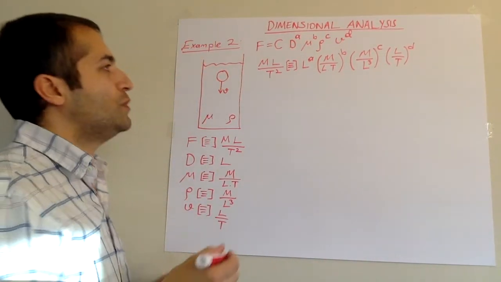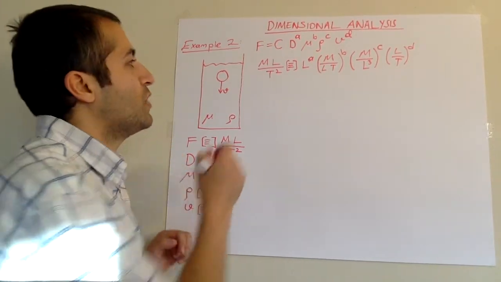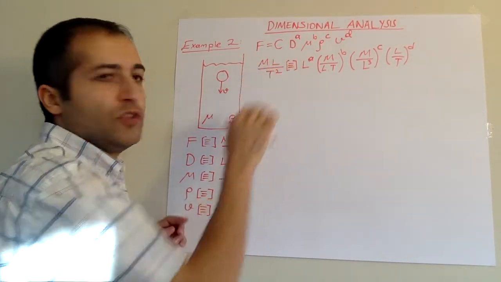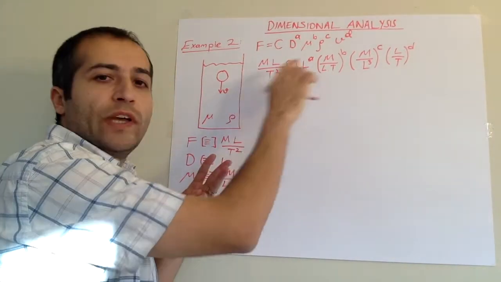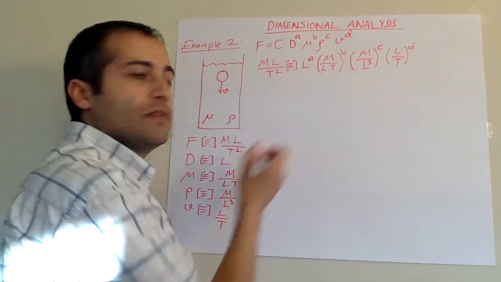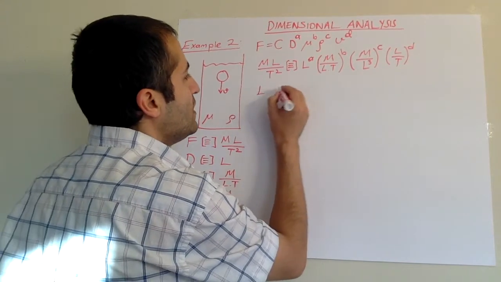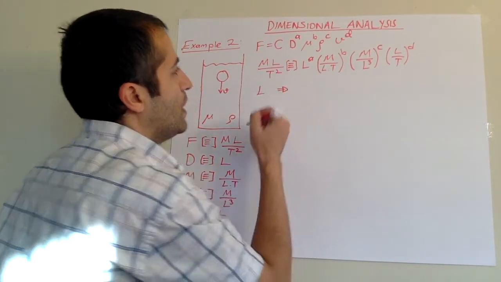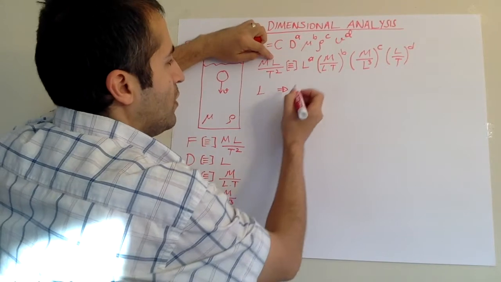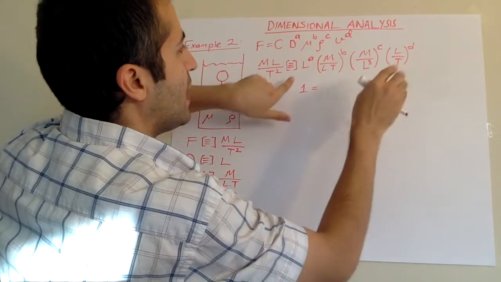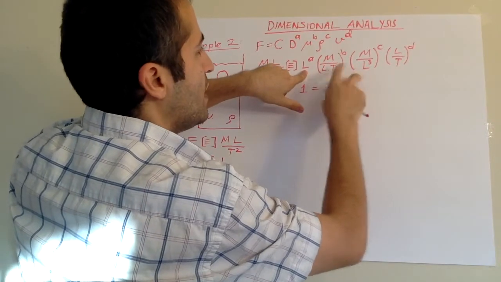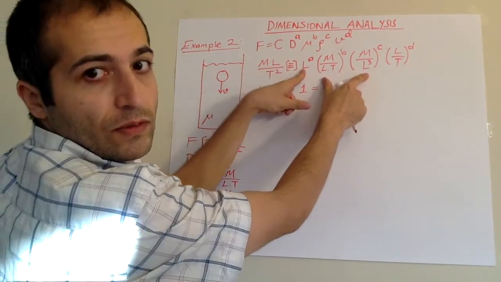Next thing I need to do is I'm going to write down for each elementary unit, for mass, for length, for time, I'm going to equate the powers on the left hand side and the right hand side. For the length, I have length to the power 1 on the left hand side, so it's 1 is equal to, on the right hand side I have this, and this. I have 3 length terms.